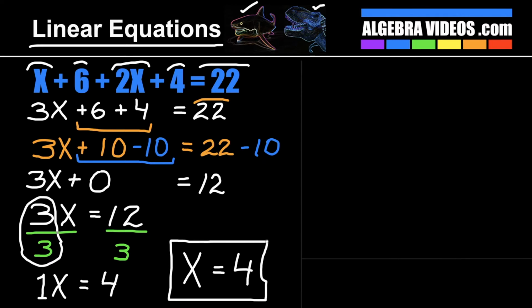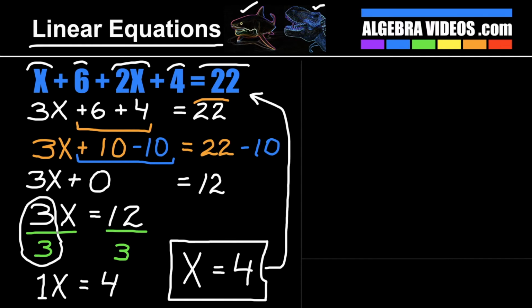And fortunately, there's a way to check your work before you turn in your homework or your quiz or your exam. And what we do is we plug this solution of x equals 4 back into the original equation and see if we get equal numbers on both sides of the equation. It doesn't matter what they are, but if we do, then we know that we have the right solution.